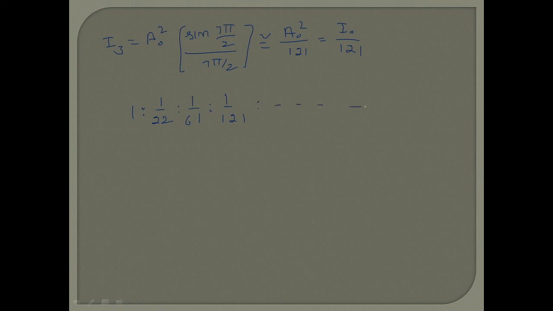In this way, we can see that the intensity of all the secondary maxima, tertiary, and further are decreasing continuously. Then we get a pattern in this way.